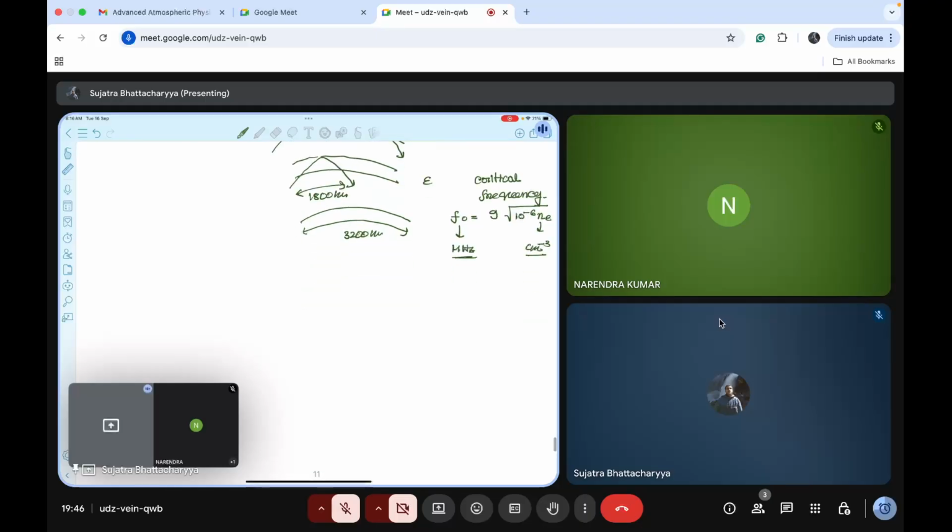Next, another point to note for the assignment solving part is solar activity and sunspot numbers. When there is peak solar activity, what is this solar activity? We will see it later.